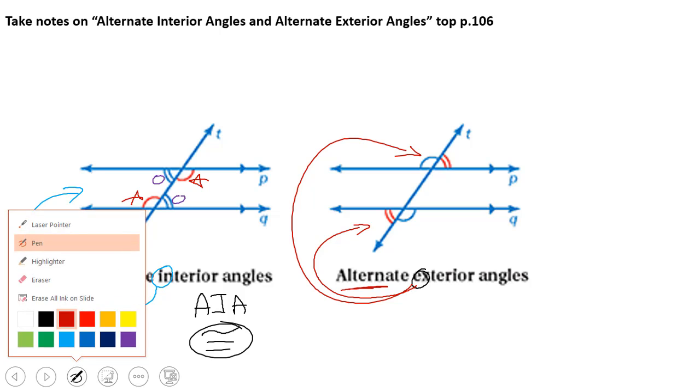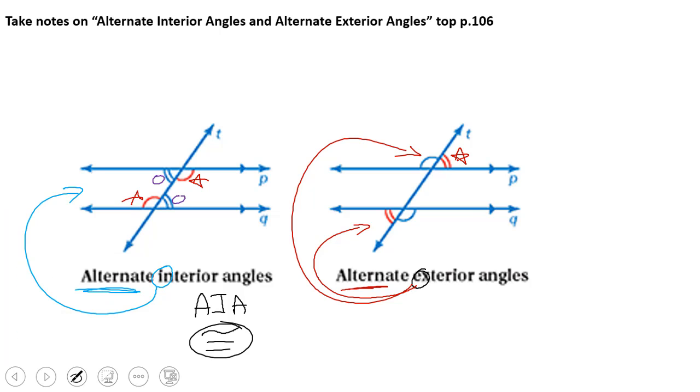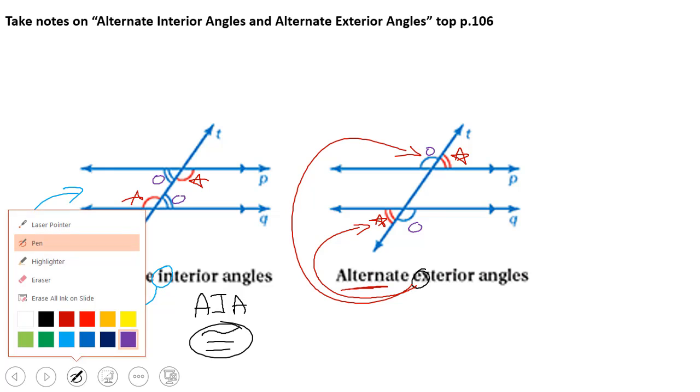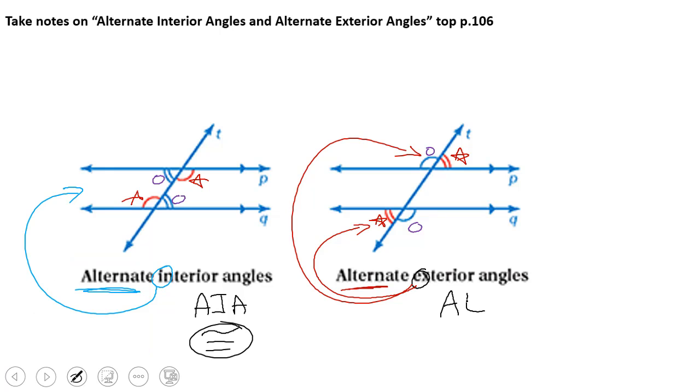So those are alternate exterior, and of course color code or whatever you need to so that you can recognize what alternate exterior angles look like and where they are located when you have two parallel lines cut by a transversal. And of course, alternate exterior angles can be abbreviated AEA. And of course, just like corresponding and alternate interior angles, alternate exterior angles are also congruent.